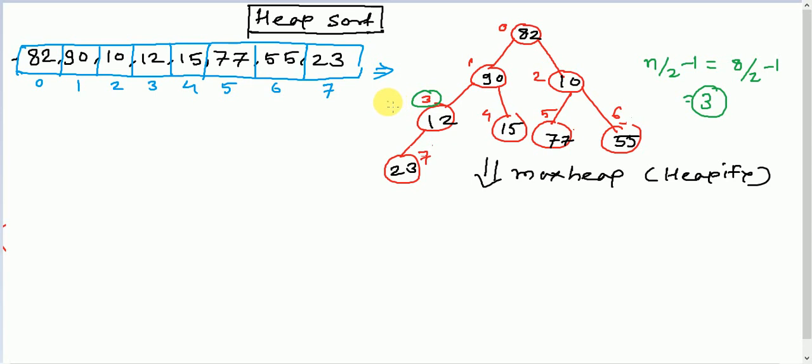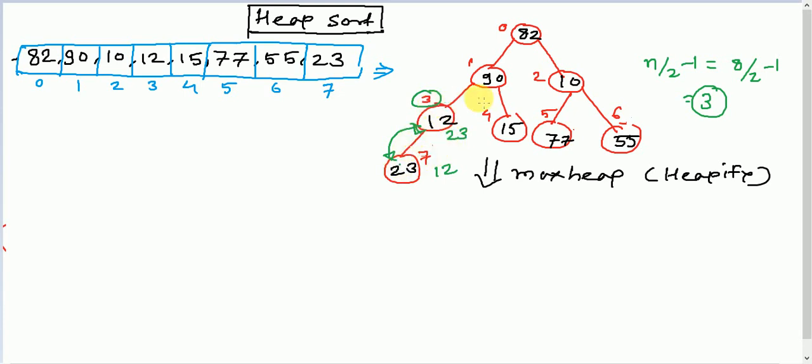I will check whether the parent is greater than both of its children. At index 3 the value is 12 and it has only one child, 23. Since 23 is greater than 12, 23 should be the parent, so 12 goes down and 23 goes to this index.